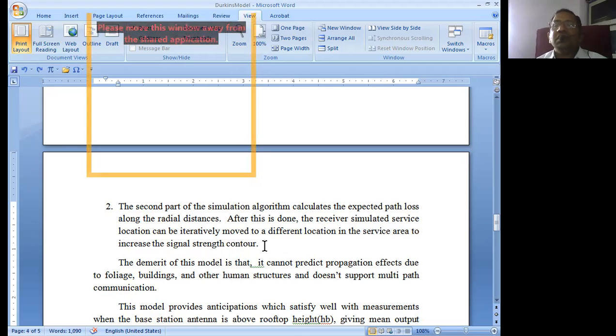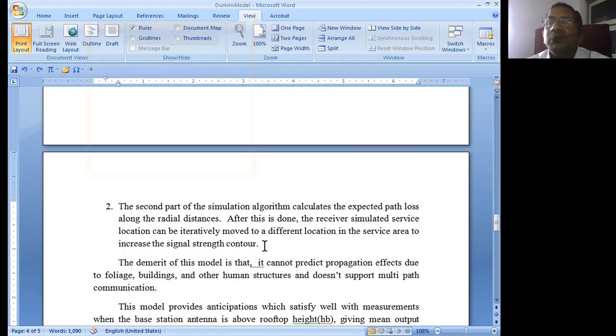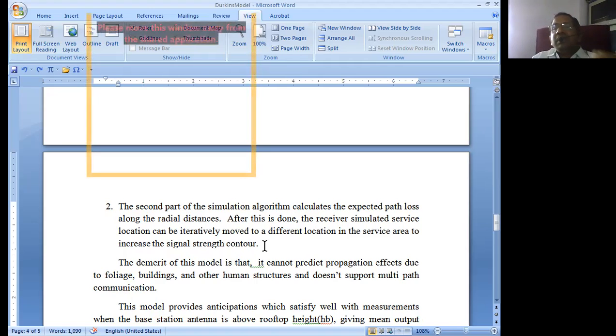So in order to increase the coverage area, this particular experiment will be performed by Durkin's model algorithm. Durkin's model is going to perform two basic tasks. One is that it first of all gathers the entire topographical information of the coverage area between transmitter and receiver. Then after that, it is going to calculate the expected path loss along the radial distances.